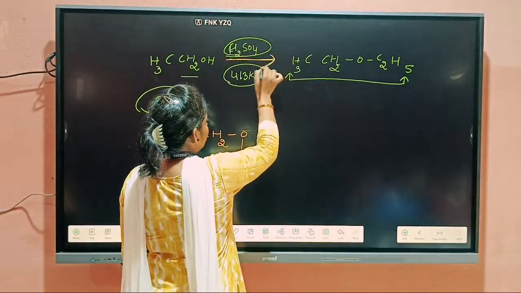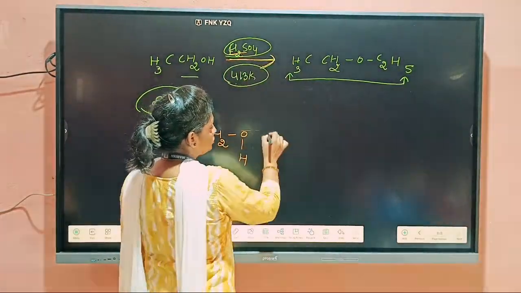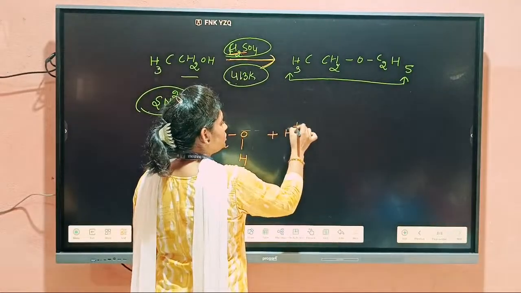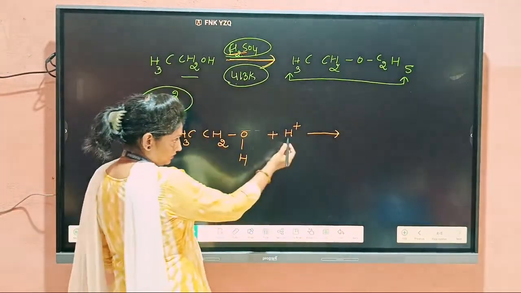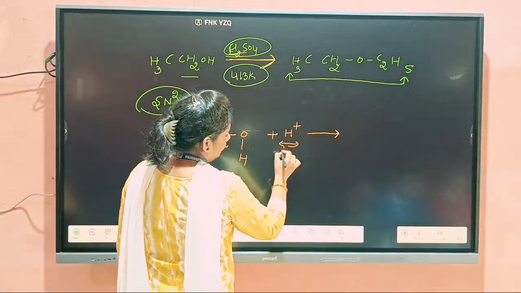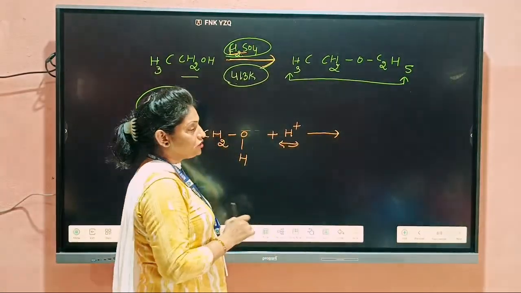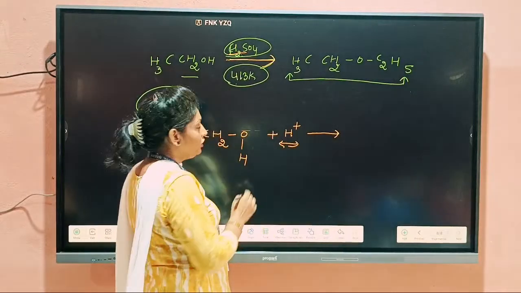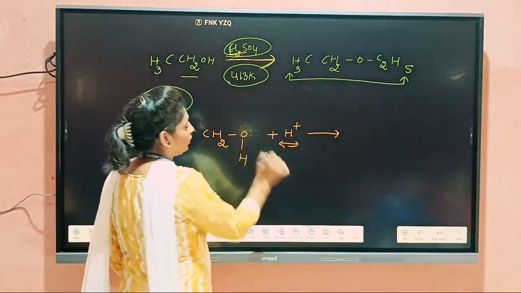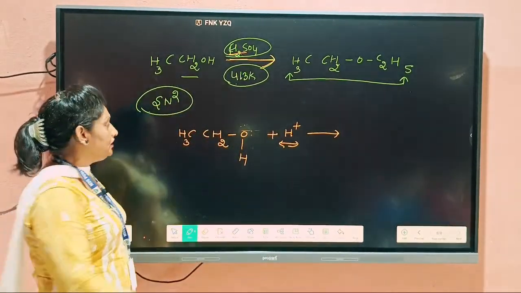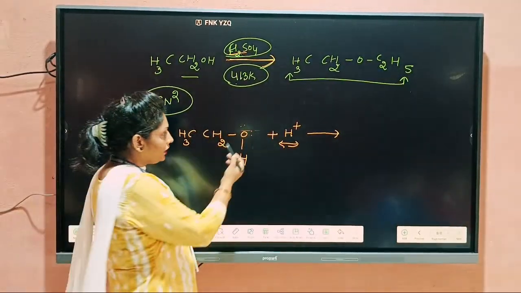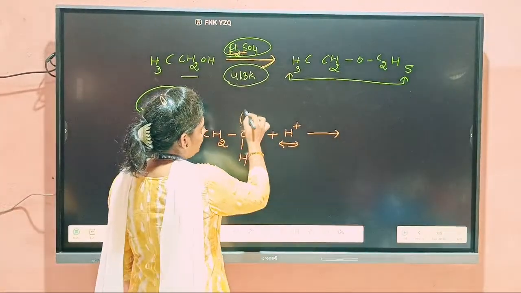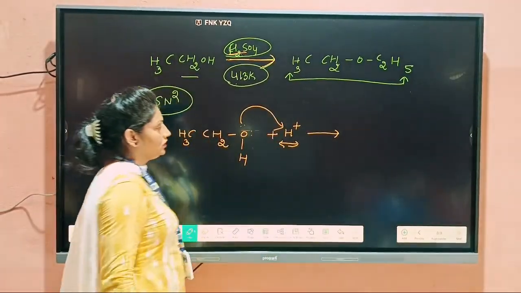In the presence of acid, they will release H positive ions. Then it behaves like an electrophile, so it needs some electron. From where can it take the electron? The availability of electrons is on oxygen. So it can take the electron from here and form a bond with this one.